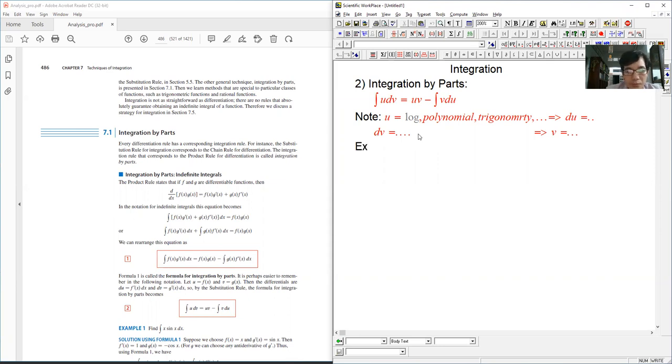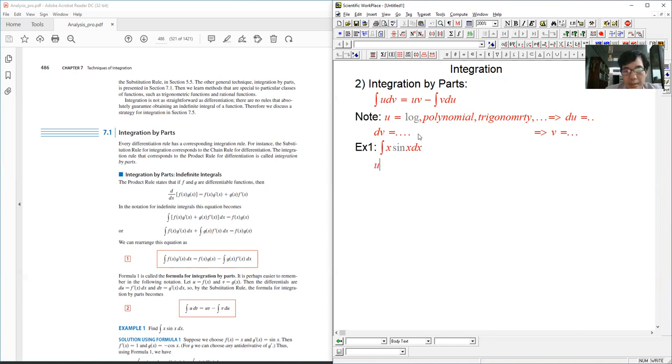For example 1, when we have the integral of x sin x dx.